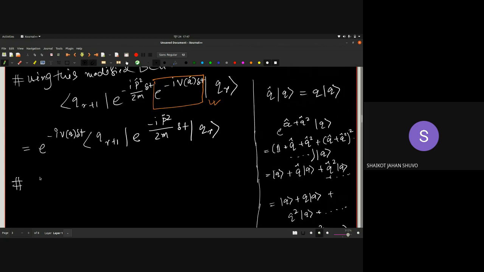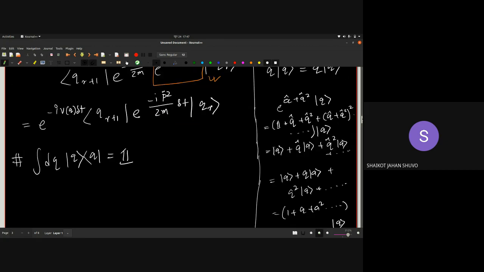You already know that on the position basis, this is your completeness relation, right? A similar relation exists for the momentum basis, and that is given by this. Actually, this 2 pi is not that relevant. It totally depends on your convention. And this is just this.